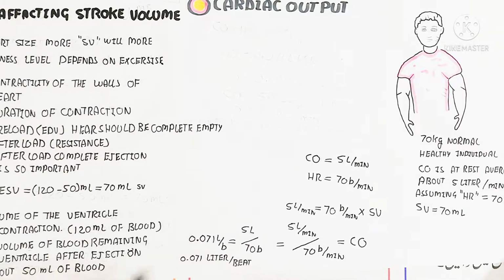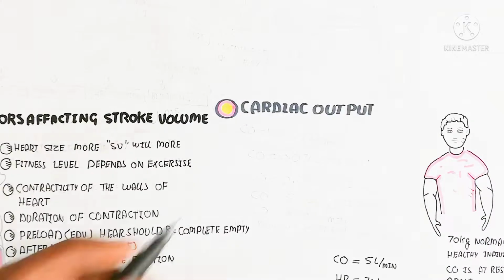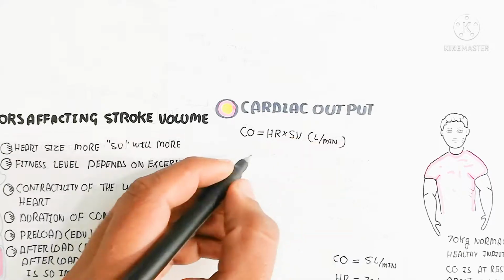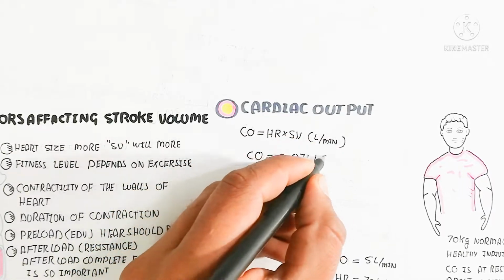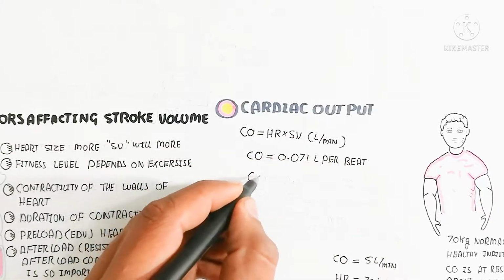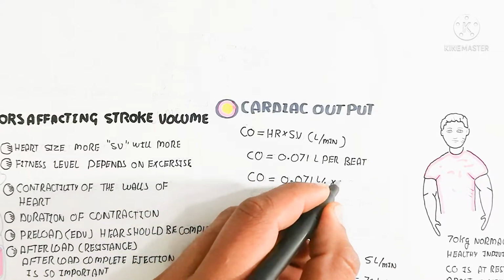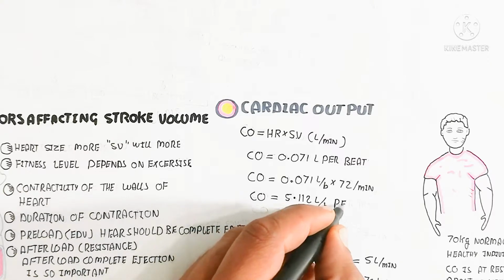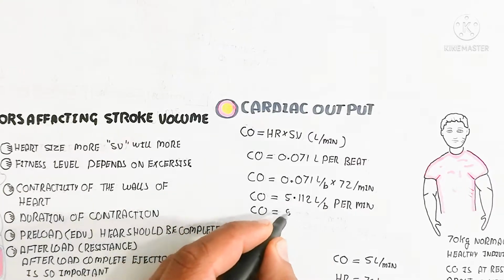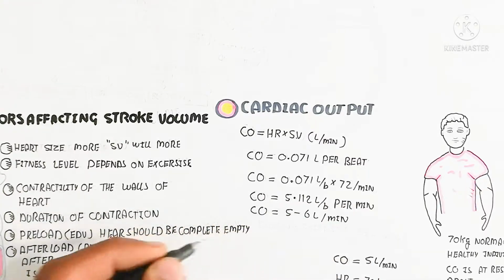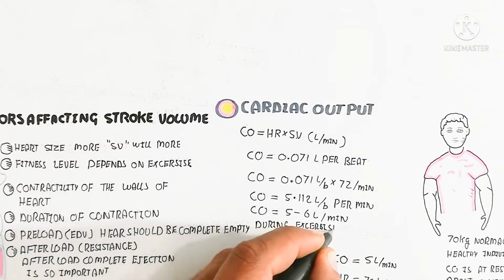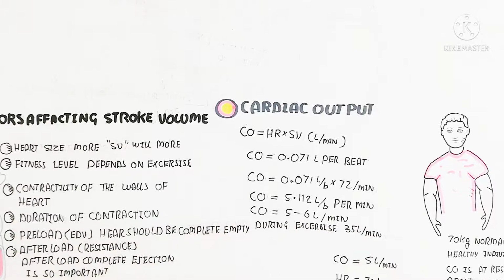So one beat will contain 0.071 liter of blood ejection, or stroke volume. So the formula is cardiac output is equal to heart rate times stroke volume, in liters per minute, with 0.071 liter per beat.